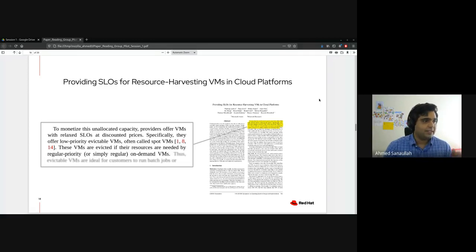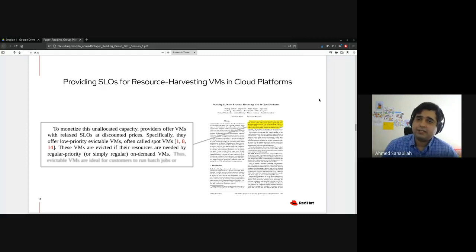And what I want to point to here is the first sentence where it talks about SLOs. Now, we don't know what SLOs are, but looking at the sentence that to monetize this unallocated capacity, providers offer VMs with relaxed SLOs at discounted price.